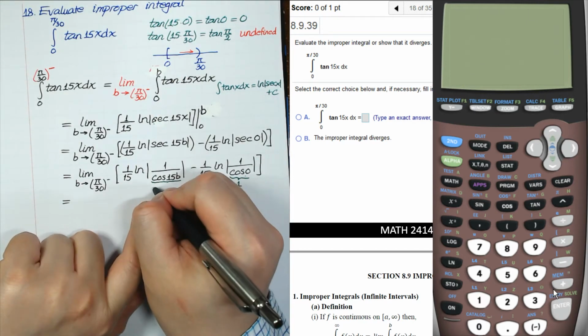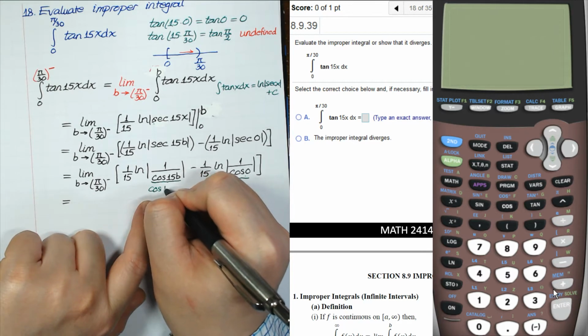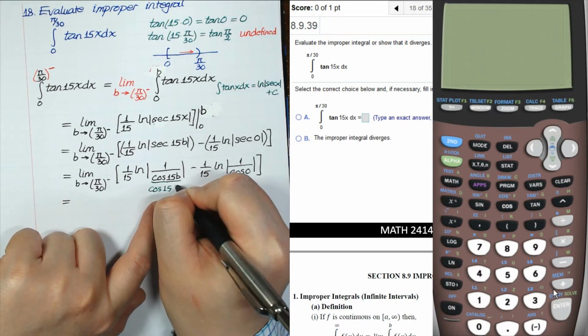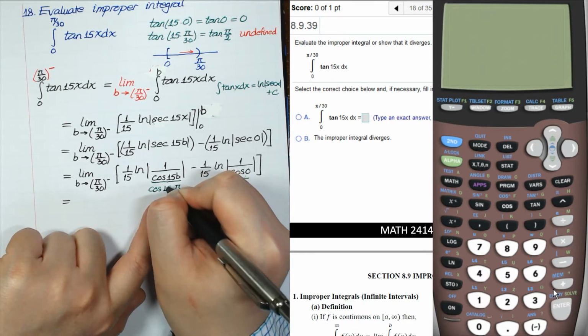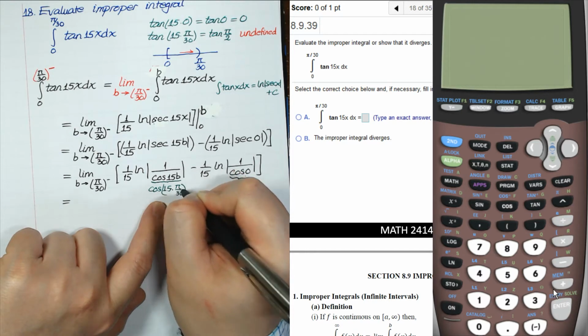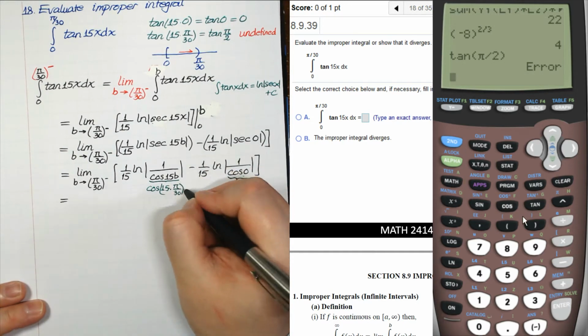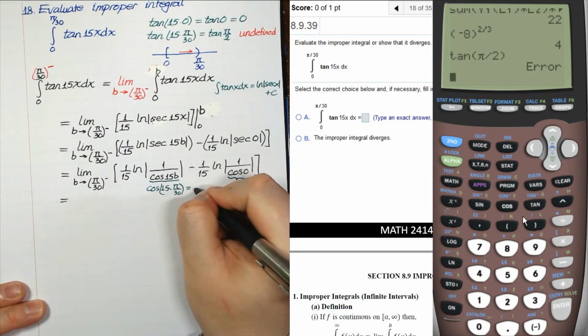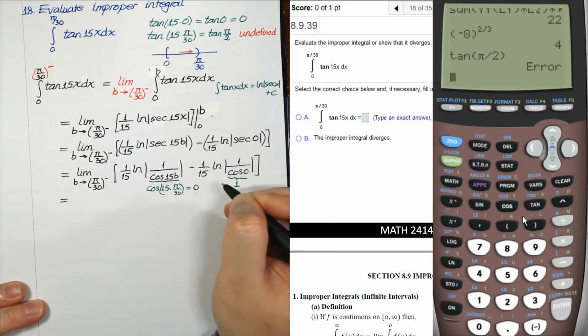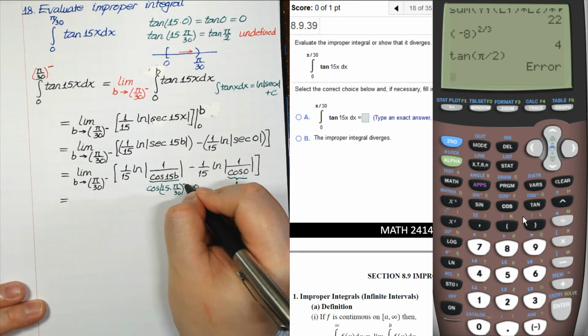Cosine of 15 times pi over 30. Cosine pi over 2, which is 1. I'm sorry, 0. But this one from the negative sign. So what happened?